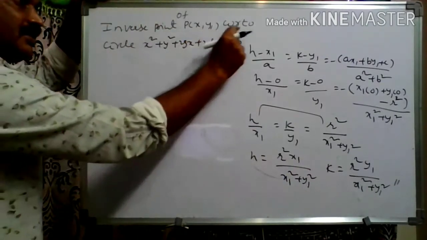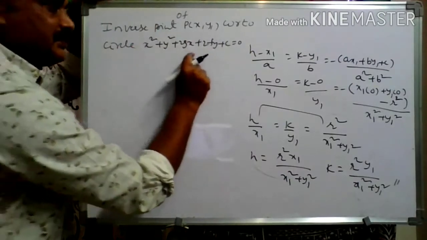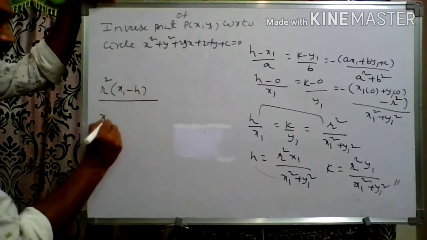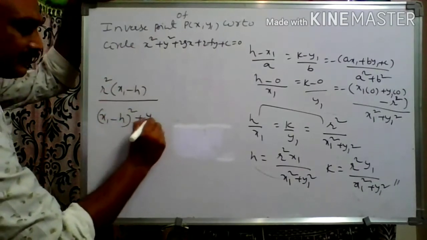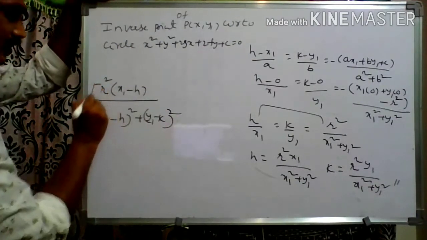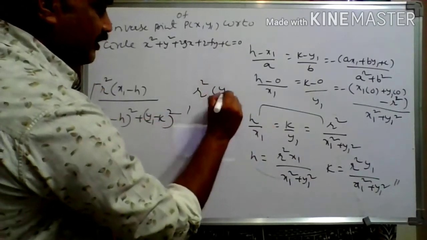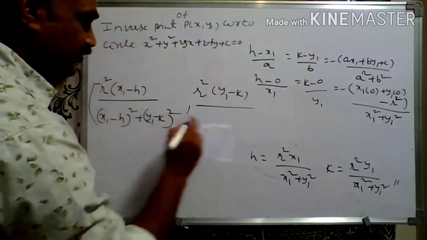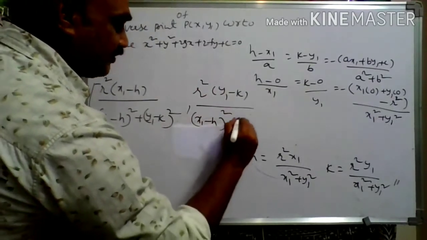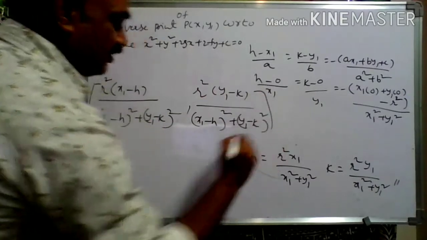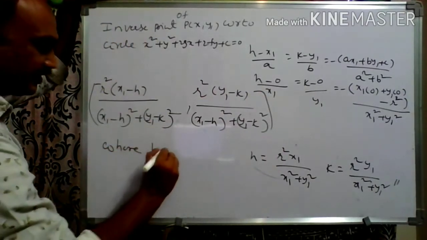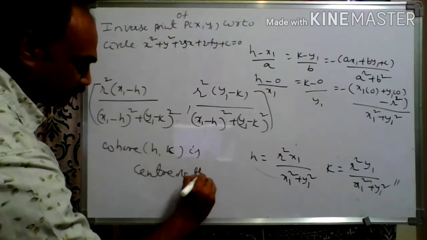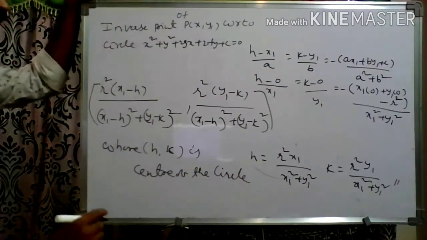So the inverse point of x1, y1 with respect to the circle x square plus y square plus 2gx plus 2fy plus c is equal to 0, formula: r square into x1 minus h by x1 minus h whole square plus y1 minus k whole square, comma, r square into y1 minus k by x1 minus h whole square plus y1 minus k whole square, where h comma k is the center of the circle.